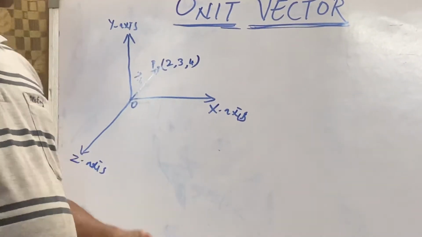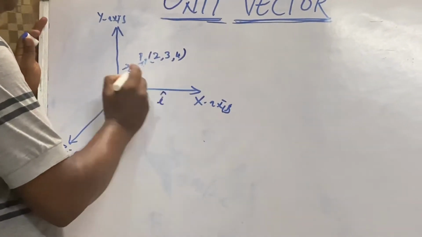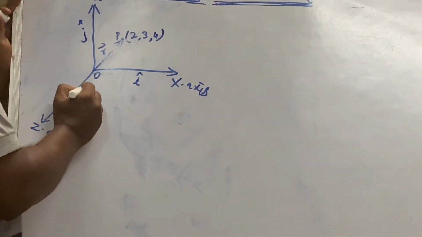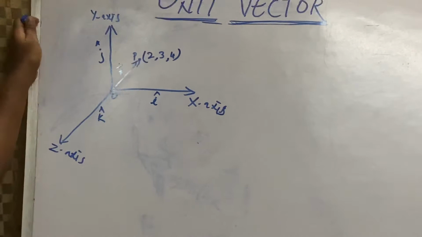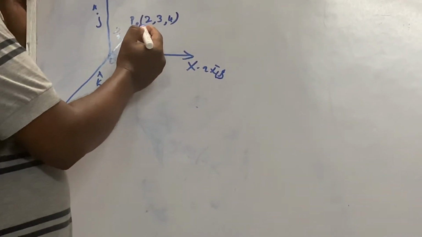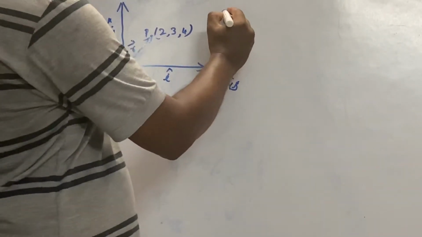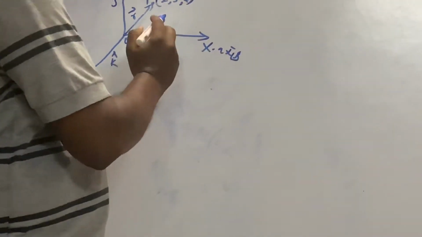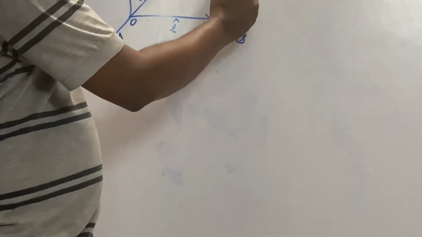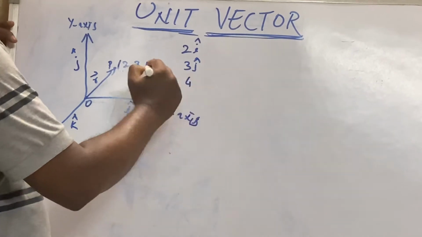We will see. Along the x-axis the unit vector is called i cap, along the y-axis j cap, along the z-axis k cap. These three are mutually perpendicular. Now the position vector along the x-axis is given by 2i cap, along the y-axis 3j cap, along the z-axis 4k cap.